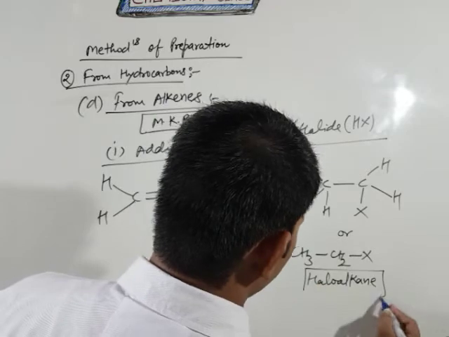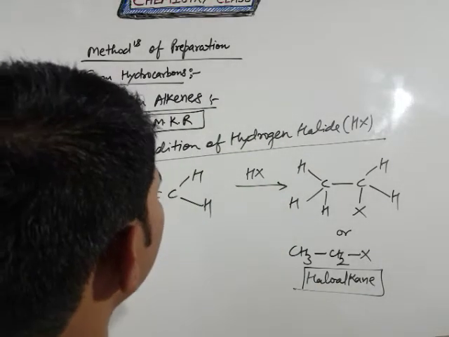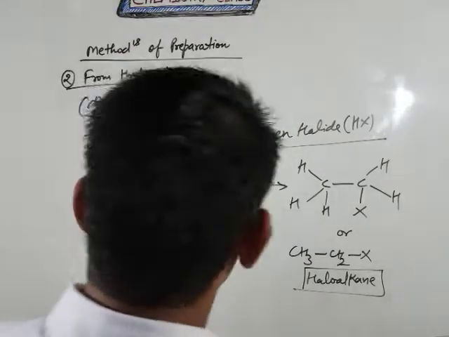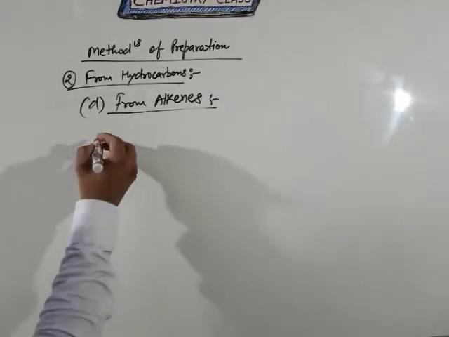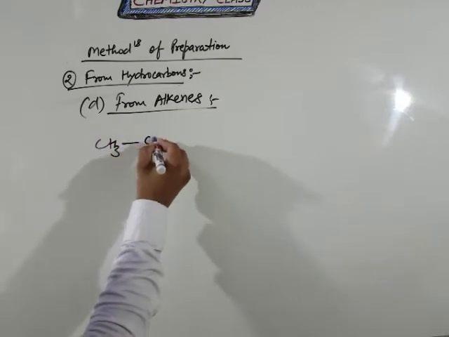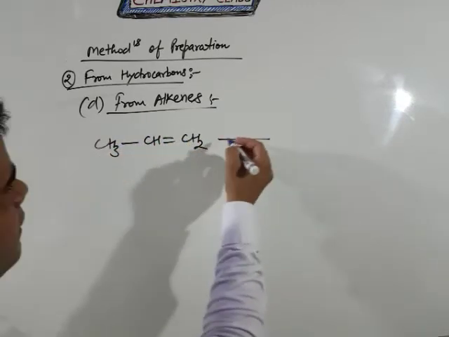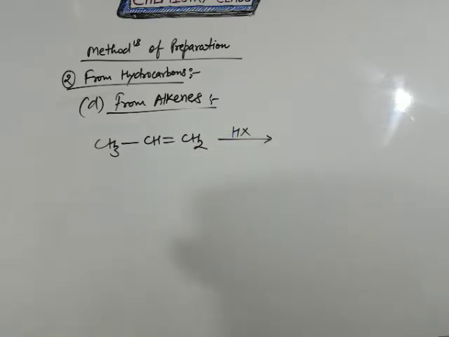Clear? This is the preparation method of haloalkanes from alkenes by using the Markovnikov rule. Clear? So this is the first point of the Markovnikov rule. If we consider the example CH3 single bond CH double bond CH2, and this compound reacts with HX, what is the final product? Clear?